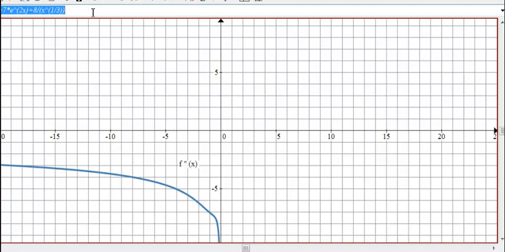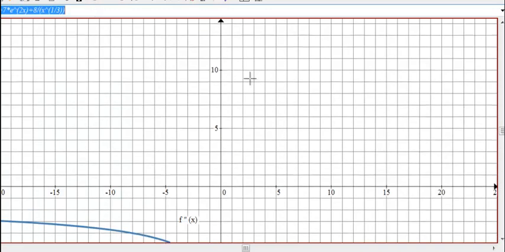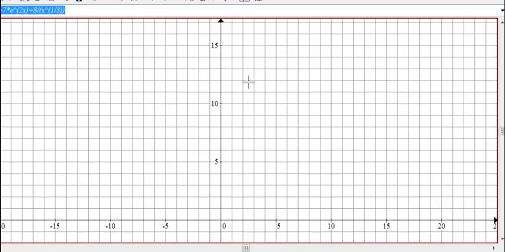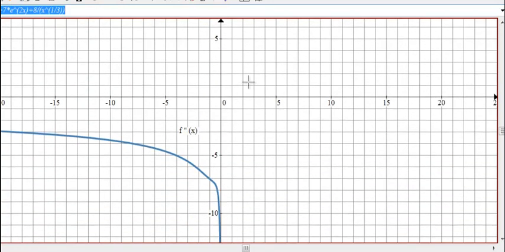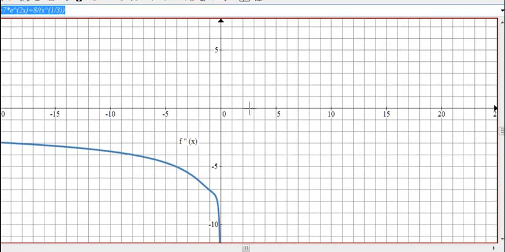Notice some interesting things here. It's undefined when x is 0. But it should be defined everywhere else.